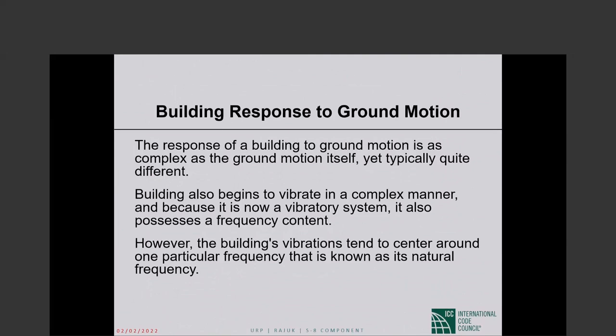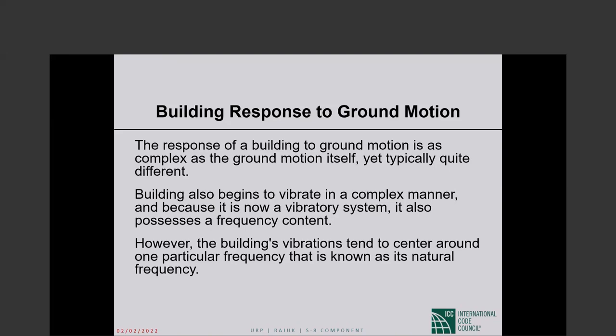The building also begins to vibrate in a complex manner, and because it is now a vibratory system, it also possesses a frequency content. So ground motion comes, hits your building, and sets the building in motion. The building motion will also have a frequency content.